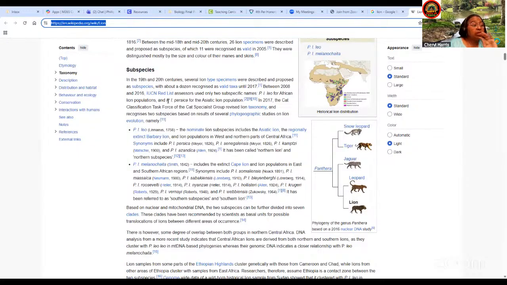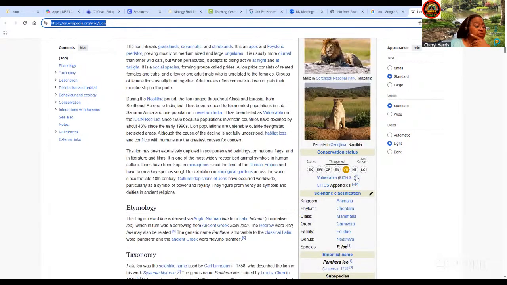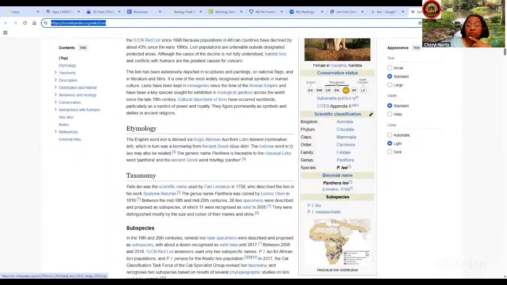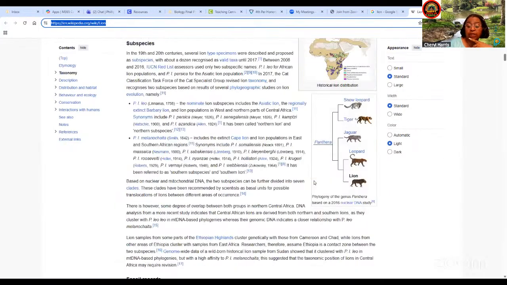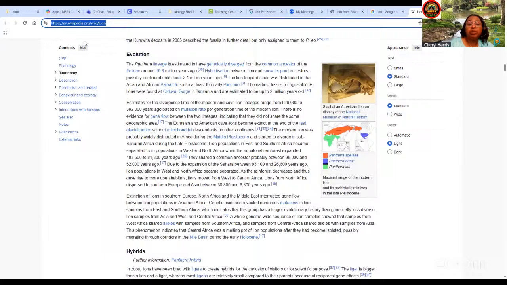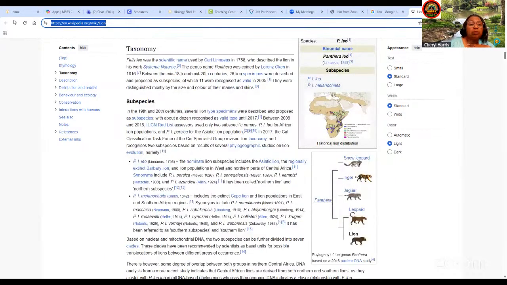So again, like I said, pick your picture. And when you click on where the picture came from, it might take you to all the information you need, especially classification. All that stuff is already listed there for you, who it's related to, et cetera. I prefer it not be Wikipedia, but if that's where you are, let me go back.